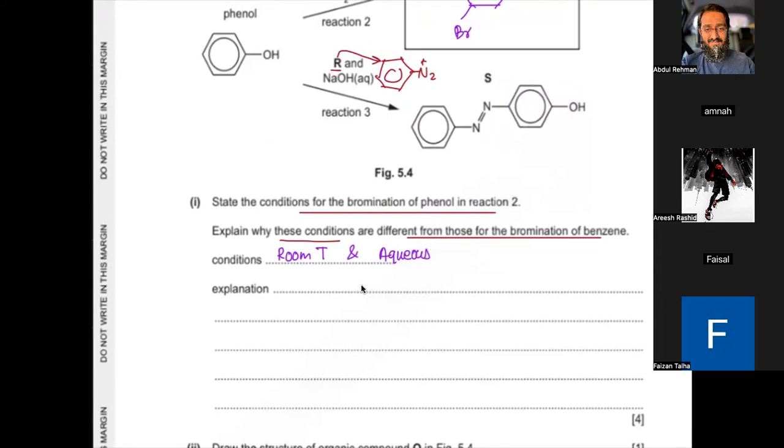With benzene, we use molten bromine, pure bromine, and the anhydrous catalyst as well.